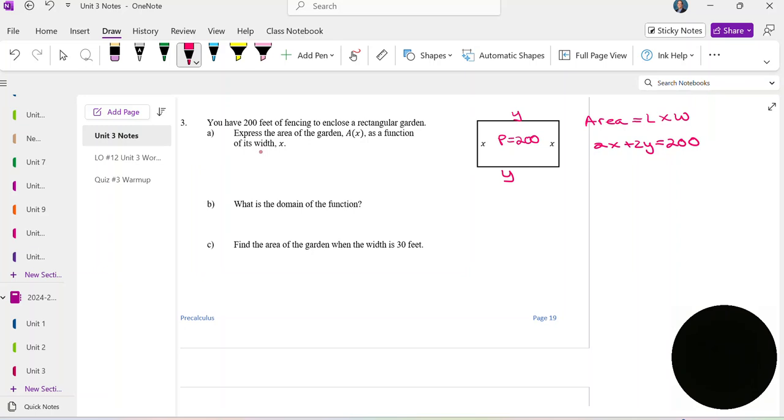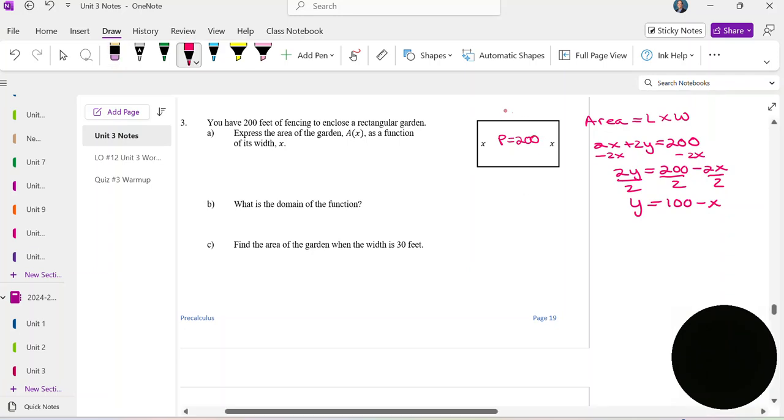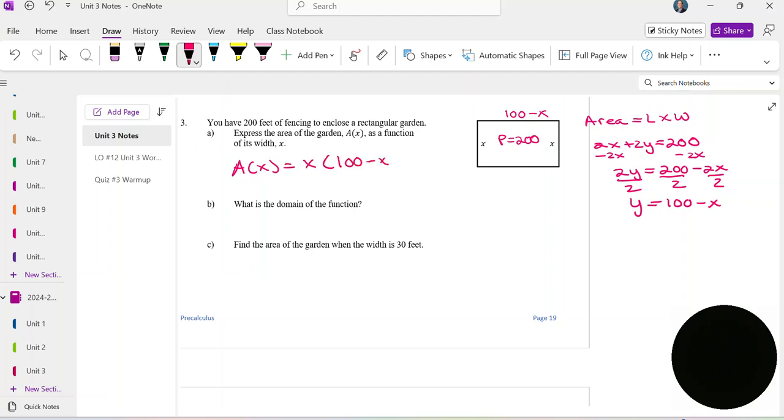So in terms of x, y would be 200 minus 2x is 2y. So you divide everything by 2, and y equals 100 minus x. So in terms of x, the length is 100 minus x. So the area is x times 100 minus x.